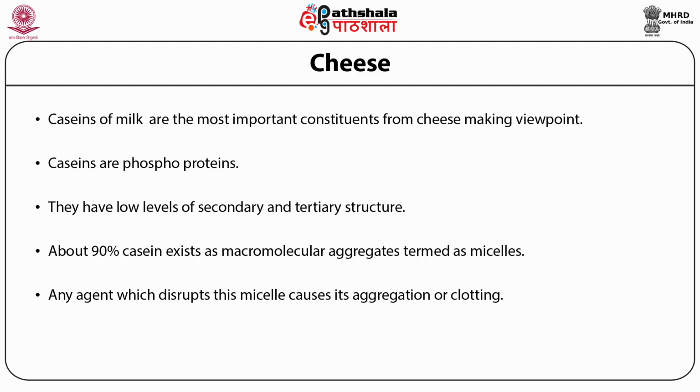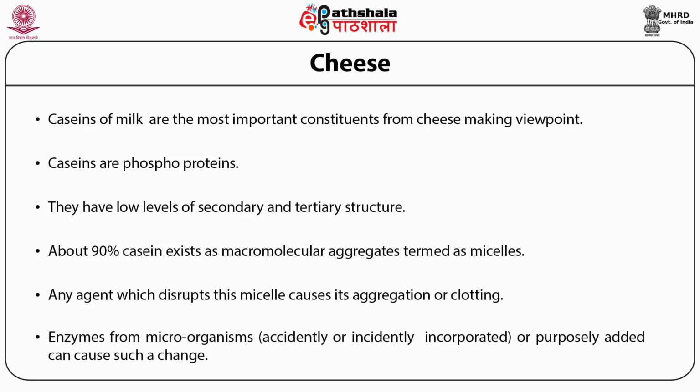This clotting or aggregation can be brought about by any enzyme which comes from a microorganism which can accidentally or incidentally be incorporated in the milk. The accidental incorporation of a microorganism in milk results in spoilage of milk, and the incidental incorporation of a microorganism in milk can cause curdling of milk.